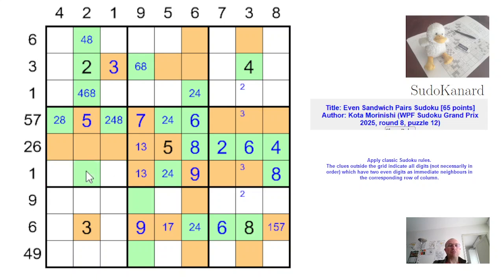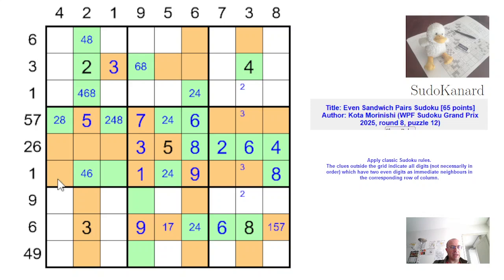So that this has to be even, and this is from 4 and 6. And the only place for 1 on this row is here, with an even digit here and an odd digit there.